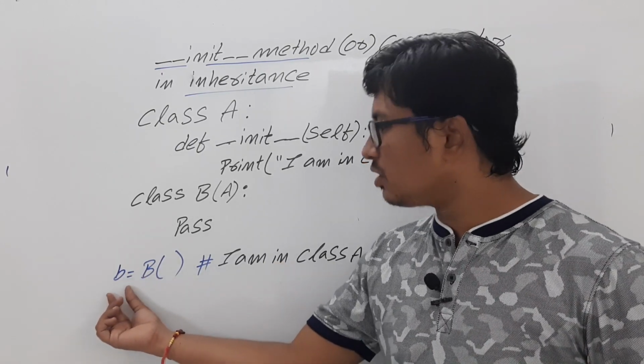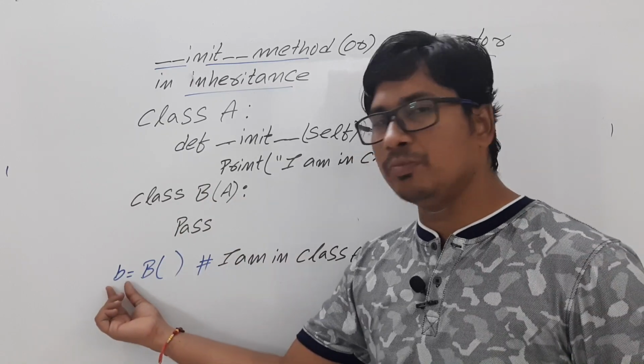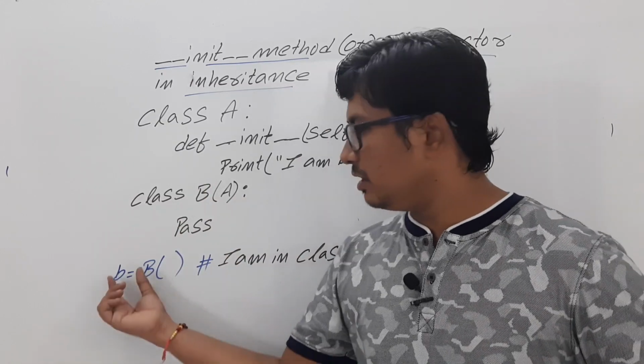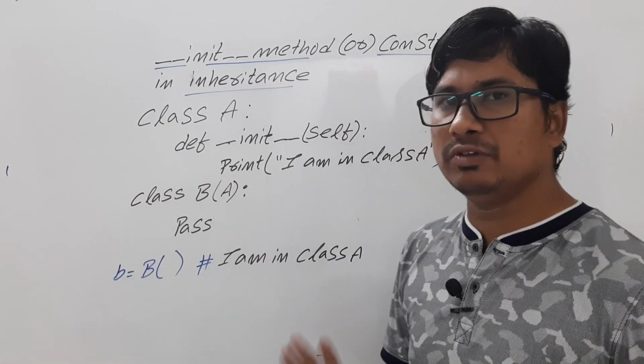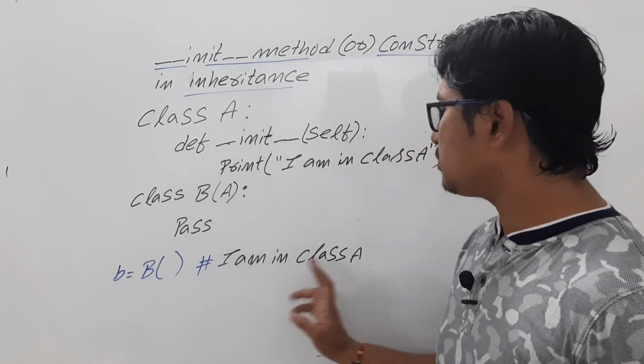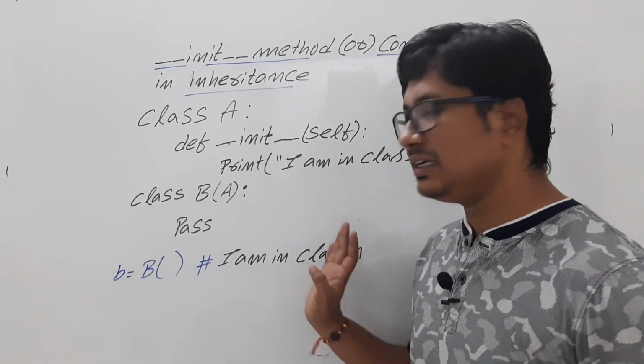You are not calling the init method with the help of the object. Once you create an object, the memory will be allocated and the init method will be invoked. So that's why you are getting an output as I am in class A.